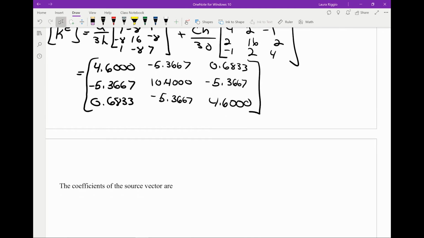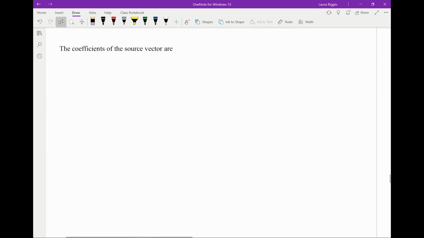Now, we do have to recalculate f. So FE1 is equal to the integral from 0 to h. Please, if you are working in quadratic, always convert from 0 to h and from xa to xb.